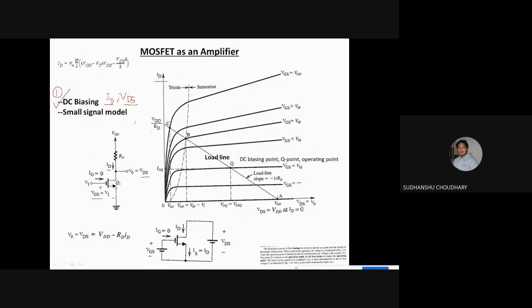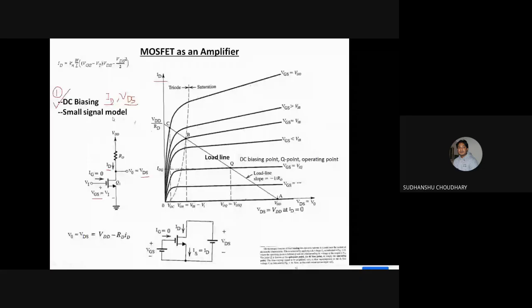Those parameters in the small signal model can only be found after you have set the Q point or operating point. Since the small signal model and its parameters are part of the circuits course, which you will have in the next few semesters, we will not include that discussion here.